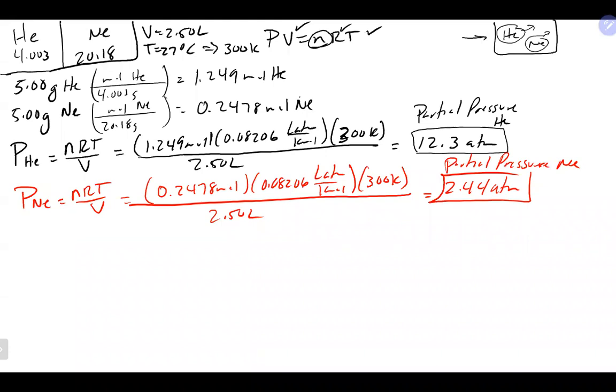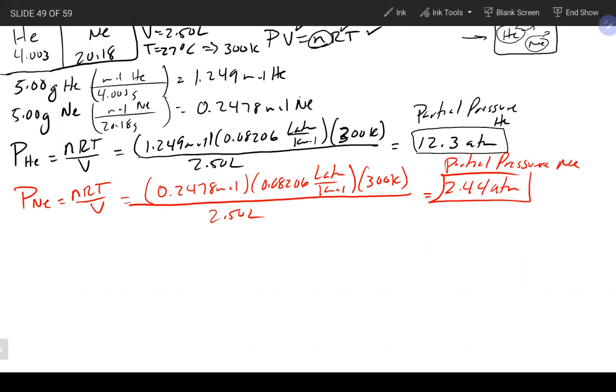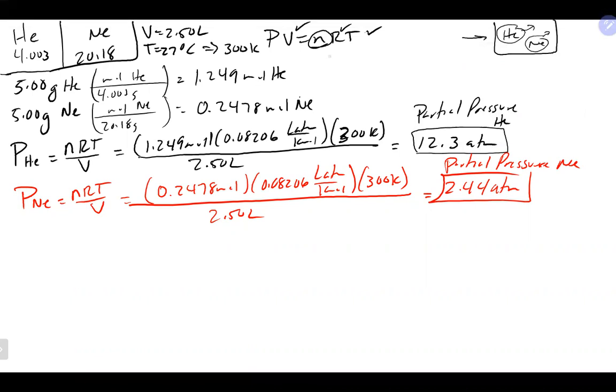To find the total pressure here, we simply add those two together. So the total pressure in this case would equal the pressure of helium plus the pressure of neon.